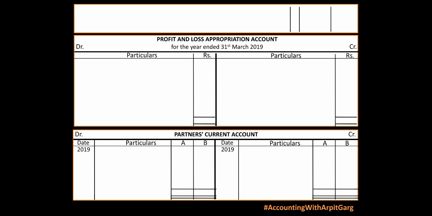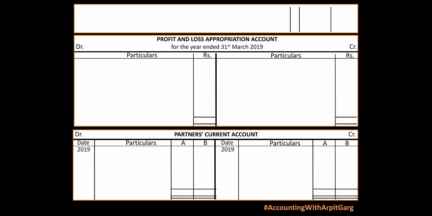So as we have read a point, that is provisions applicable in absence of partnership deed, there we read that interest on partner's loan is to be provided at the rate of 6% per annum if the partnership deed is silent. So here the amount of interest will be 6% of rupees 20,000 for 6 months from October to March.